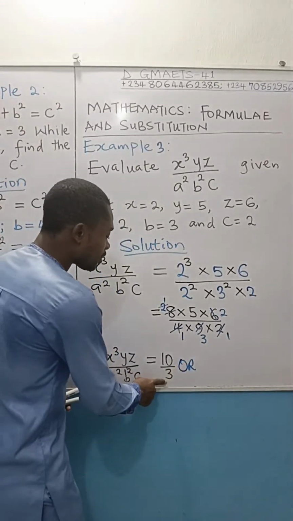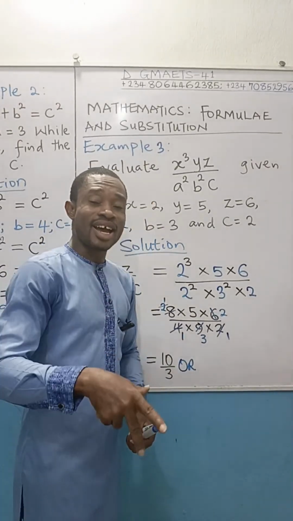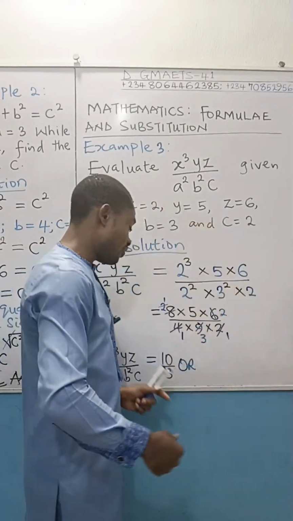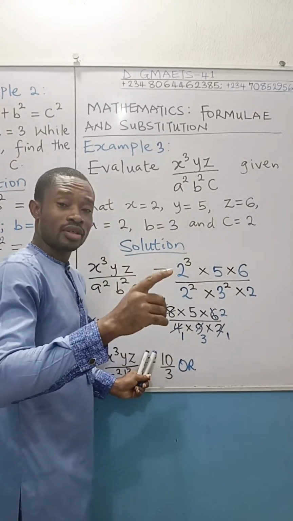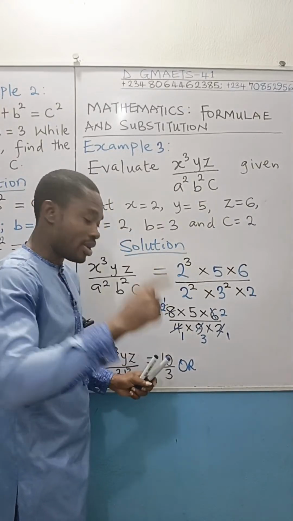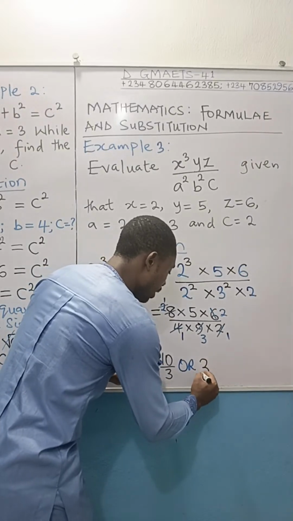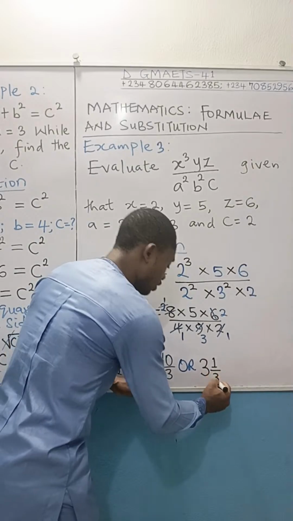How many times can 3 go into 10? You go to 3 times table. 3 times 3 is 9. 3 times 4 is 12. It has passed what you are dividing, 10. So you go for the smaller one. 3 can go into 10, 3 times, remainder 1. So this is going to be 3 whole number, remainder 1, all over that denominator 3.